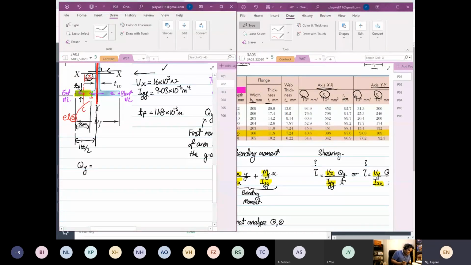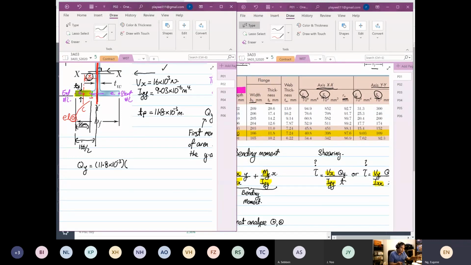The thickness is going to be 11.8, yep, 11.8 times 10 to the power minus 3. The depth is 75, so the area is 75. Why 75? Because of the 4 rules.